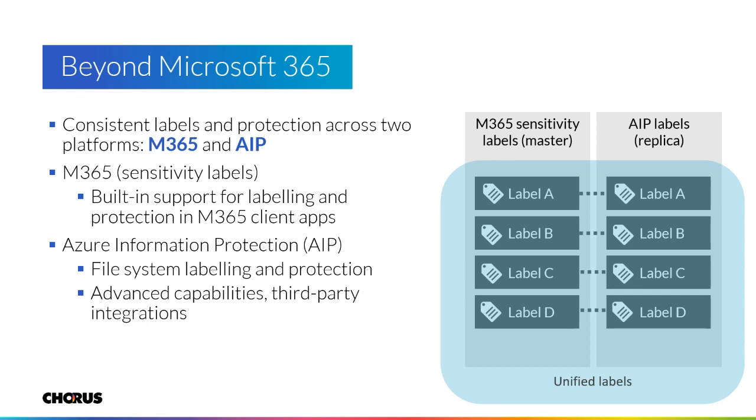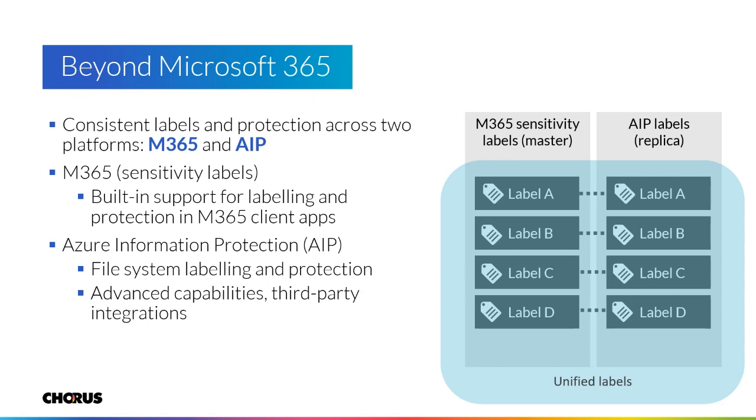And what that basically means is you're using the same set of labels across Microsoft 365 and Azure Information Protection. It does require just an initial migration of any legacy labels you've got in Azure Information Protection, but the idea is that your labels in Microsoft 365 become the master, and you can use them in a whole bunch of other places because they're replicated to AIP.